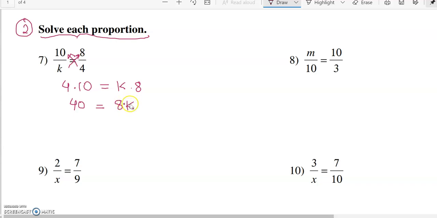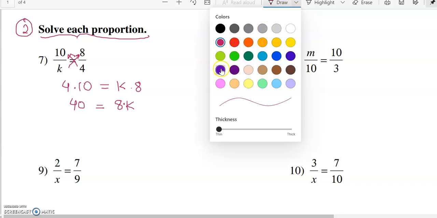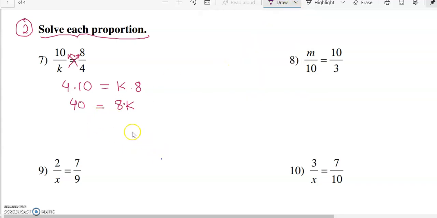Now if there is no sign, it means it is a multiplication sign. So ask yourself, what is the opposite of times? It is divide. So I will divide by 8 on both sides.